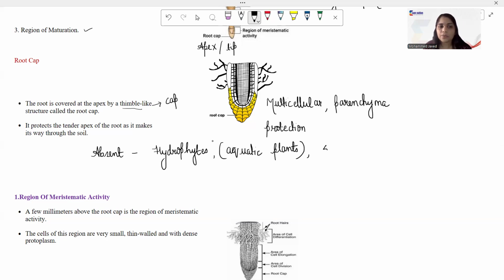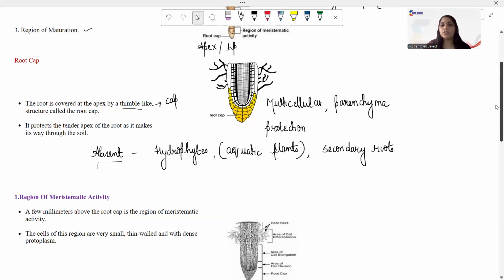And they are also absent in secondary roots. The lateral roots which arise from the primary roots are called as secondary roots. So in the secondary roots as well as the hydrophytes, you see there is an absence of root cap. Because in case of hydrophytes, the roots are already present in water, so they're not facing a lot of friction as that of the terrestrial roots. So they have root pockets but do not have root cap.